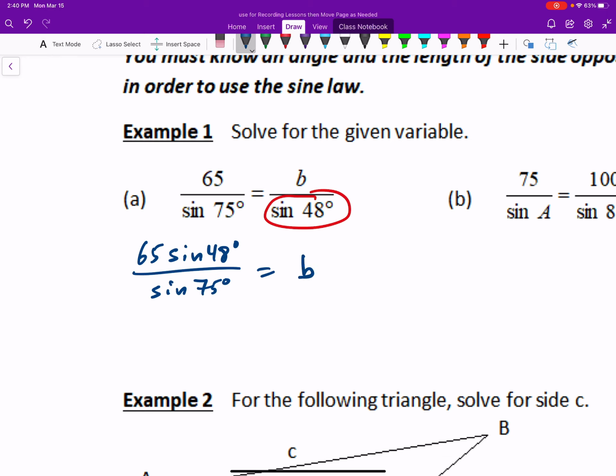As long as our variable, in this case b, is on the top, we can always do it that way. In other words, what will always happen is whatever's in the denominator of the side I'm trying to solve ends up in the numerator of the other fraction.